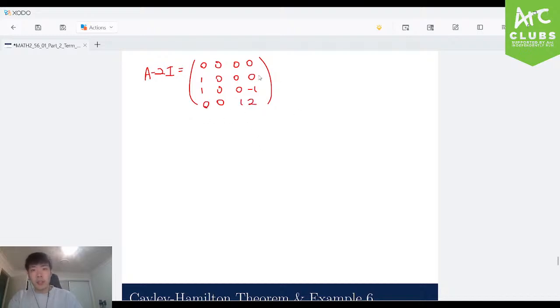Okay, and so what we want is this matrix times some currently unknown vector, which is our v2, will bring us to 0, 1, 0, 0.